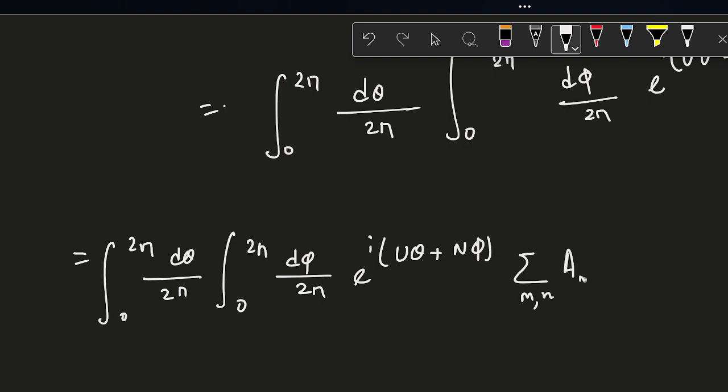Summation over m comma n. Then b to the power n is just e to the power of minus i n phi, and e to the power of m is e to the power of minus i m theta.